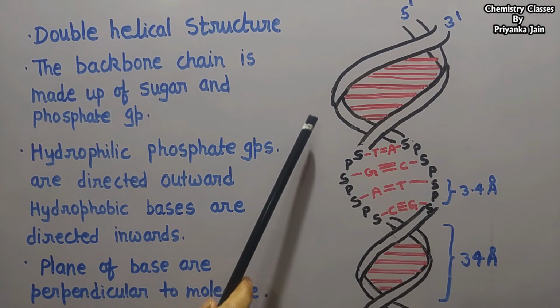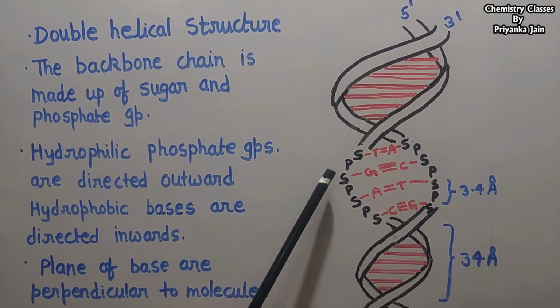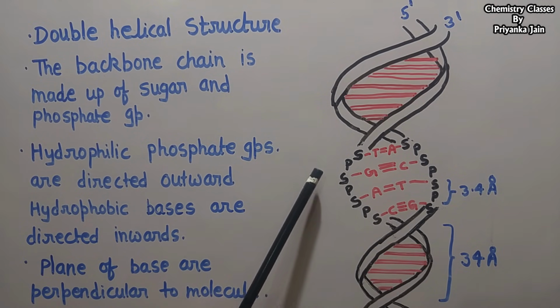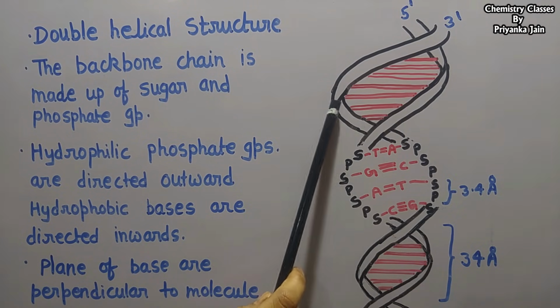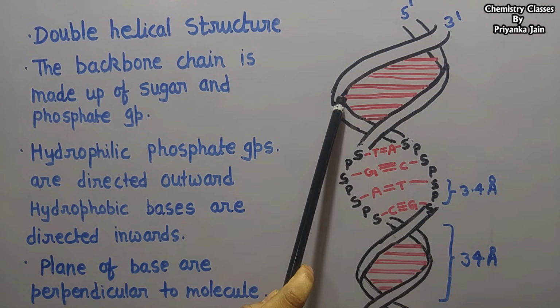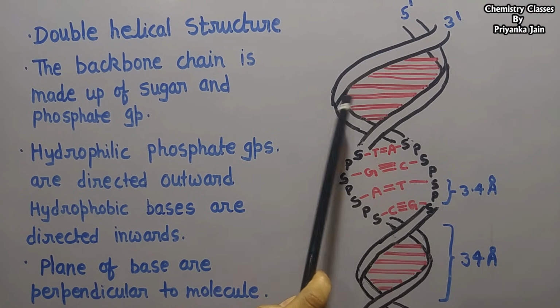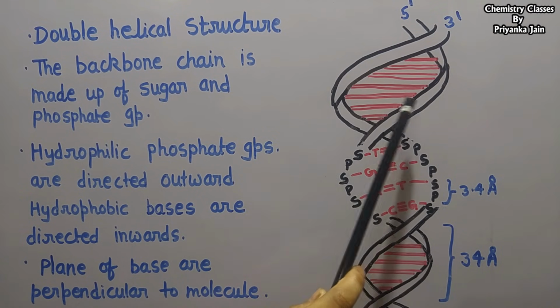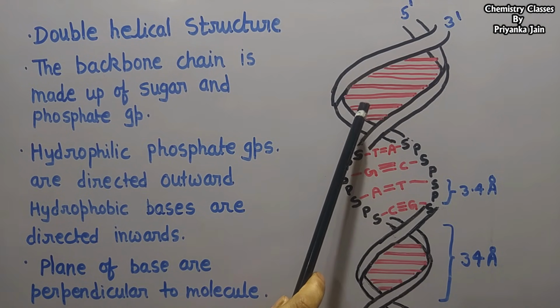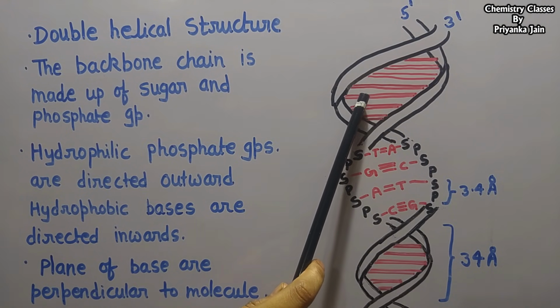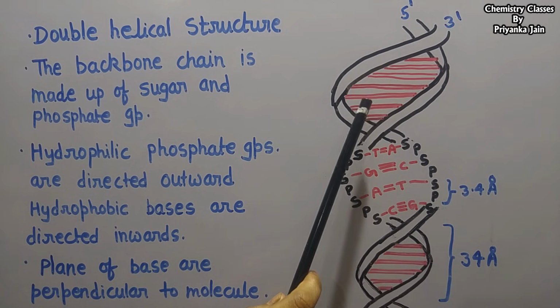One chain goes upward and the other chain goes downward. The nitrogen bases of the two strands are joined to each other by hydrogen bonds, and this forms a bridge-like, ladder-like structure between these two strands.